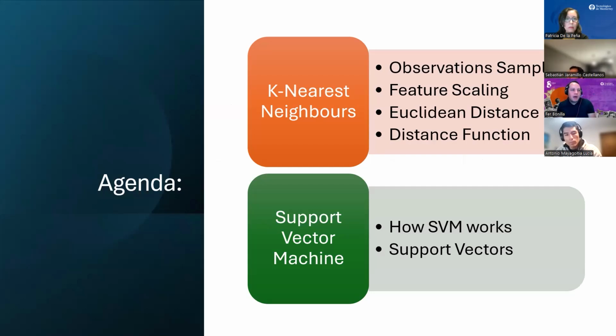So, talking about the nearest neighbors model, we will look at how to create the observation samples. We will create the feature scaling. As you may be aware, we have already done feature scaling in other models. We will understand the Euclidean distance, which superficially we already looked at in the linear regression.